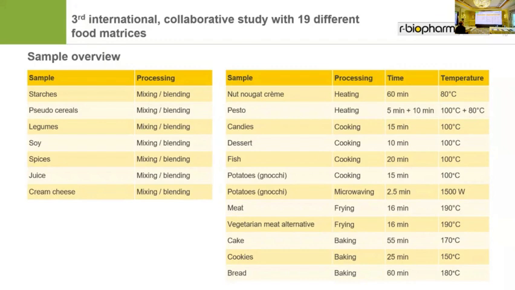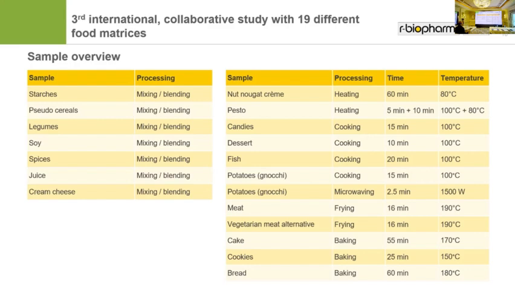Here you see an overview of what we prepared for this study. On the left side you see more or less native samples, because we have to include also native samples in this study. These samples were only mixed or blended, but also blending is already a kind of food processing. It may warm or heat a sample.